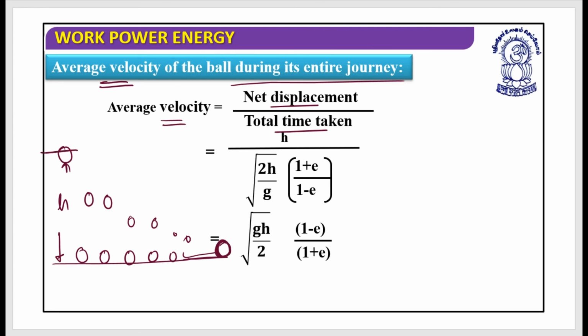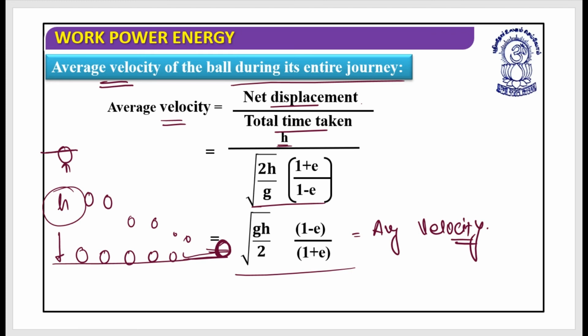So if you understand vertical displacement, it is only h. So the net displacement is only h divided by total time taken, and this total time could be written as root of 2h by g into bracket 1 plus e upon 1 minus e, and this is the average velocity. I hope this is clear. This average velocity could be written as root of gh by 2 into bracket 1 minus e upon 1 plus e. That's it.